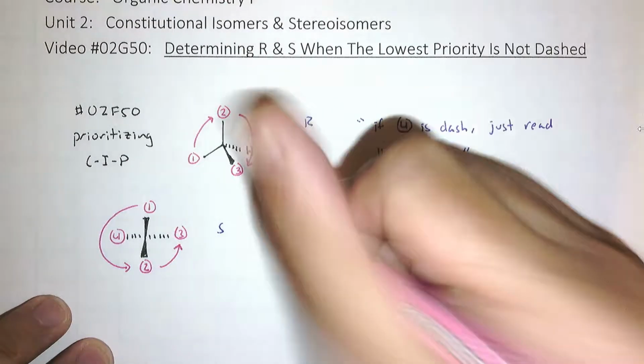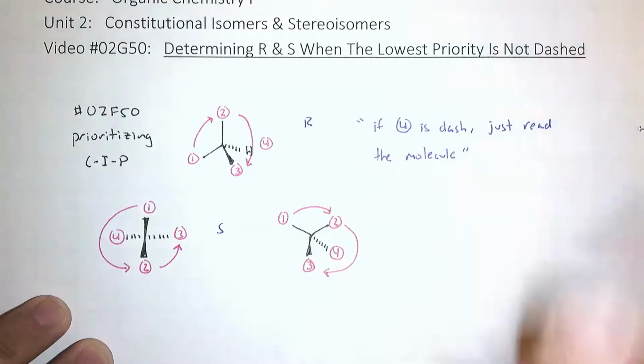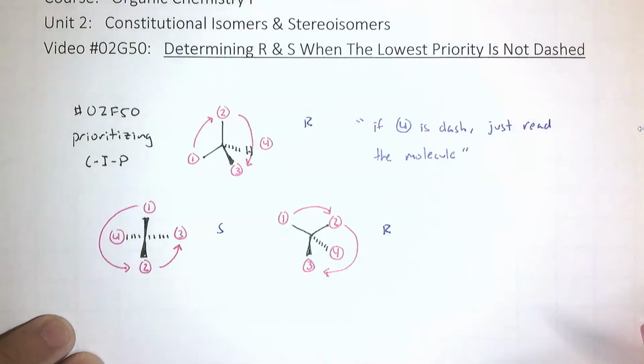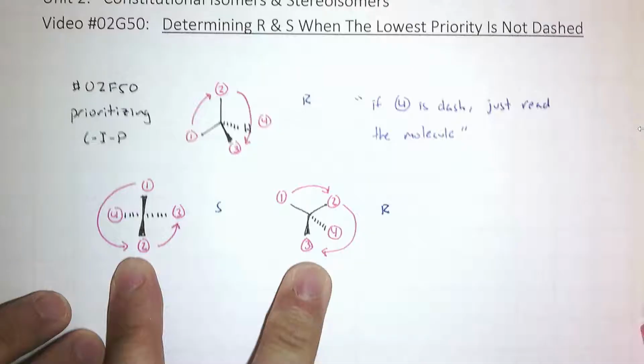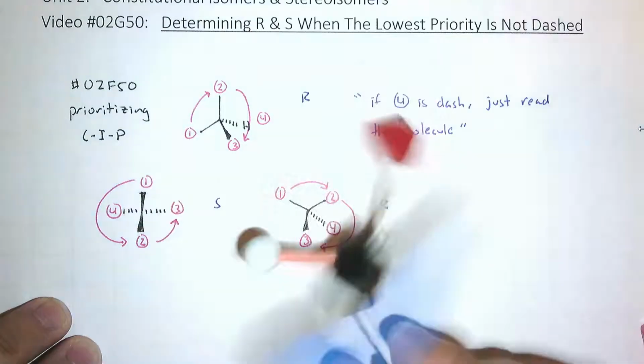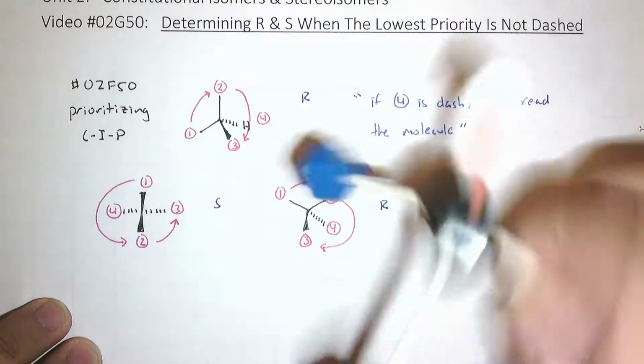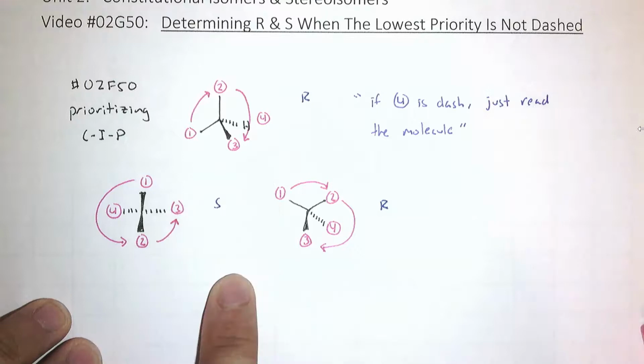Just read the molecule. 1, 2, 3. That is clockwise. Right? Yeah, it's clockwise. And this is R. In all 3 cases, priority number 4 is a dash. And again, you should be able to take a tetrahedral carbon model and orient it so you can match one of these drawings.